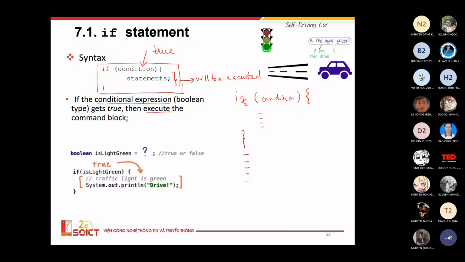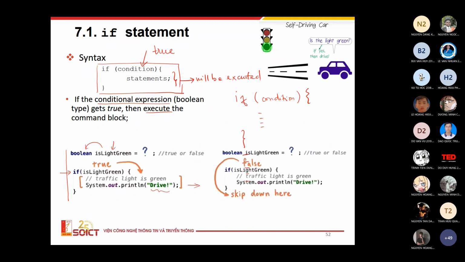So for example, I have this command. In this command, you declare a variable light green of the type boolean. And you will assign it some value, true or false. And then you will have a conditional statement. You check if light green is true, you will execute the command block here and print out drive.